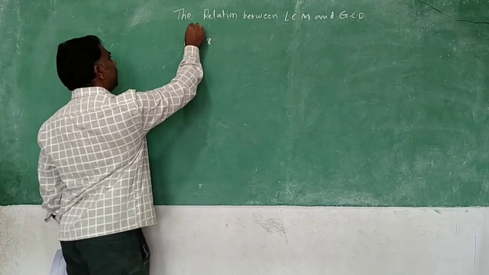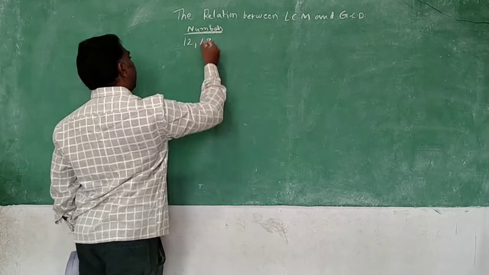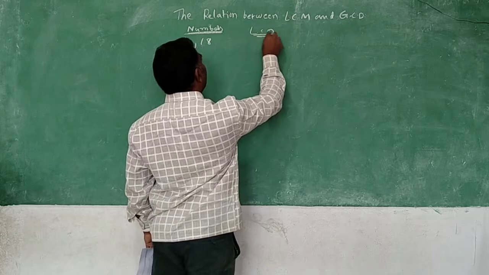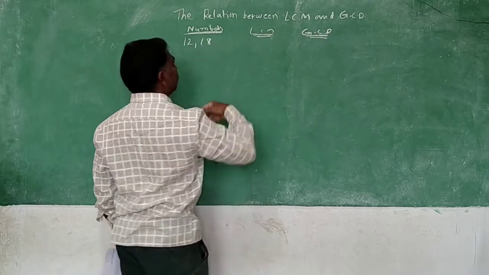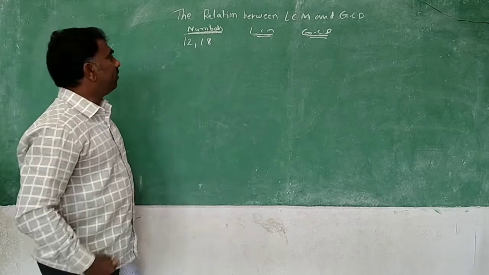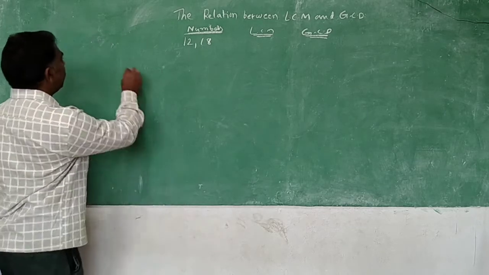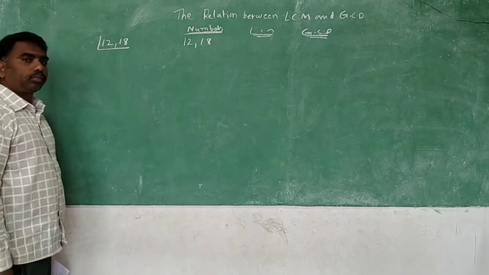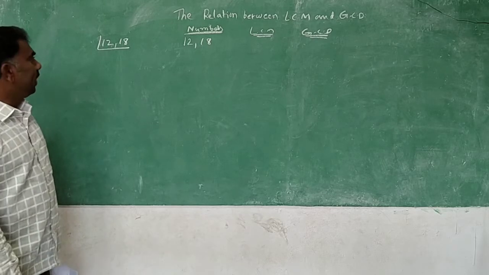I am finding the LCM and I will find the GCD of these two numbers. What is the LCM of 12 and 18? You know the process of finding LCM. When you take the LCM of 12 and 18, this is the method.